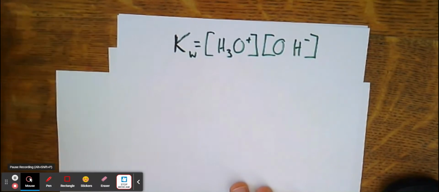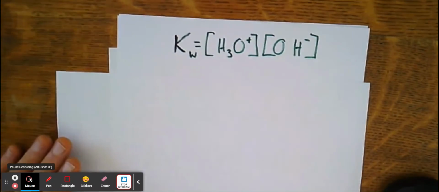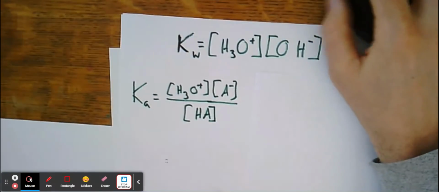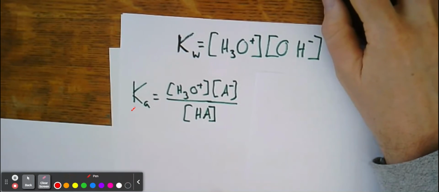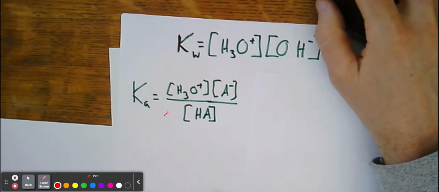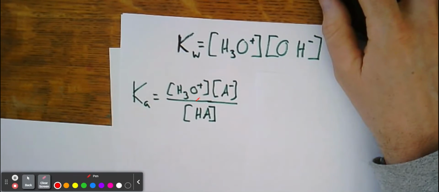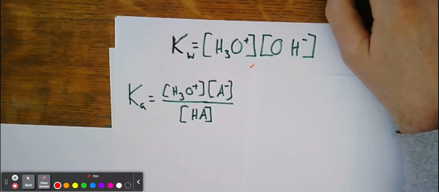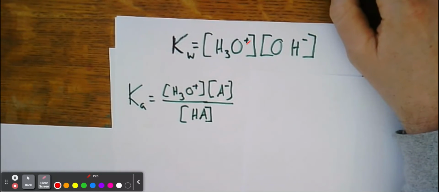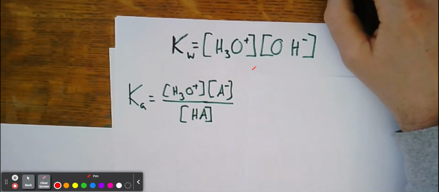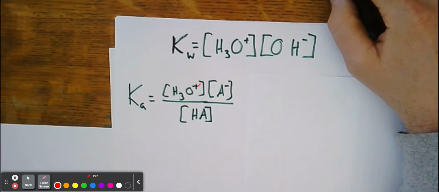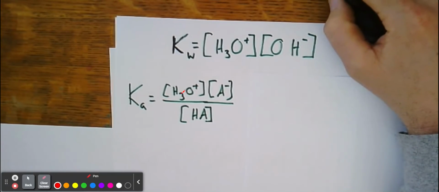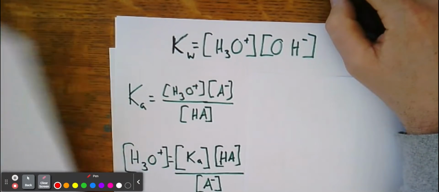If you'll notice, our Ka expression has this hydronium ion. So I can solve this equation for hydronium, and I'm going to get this.